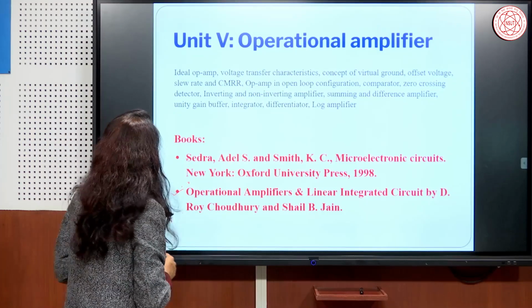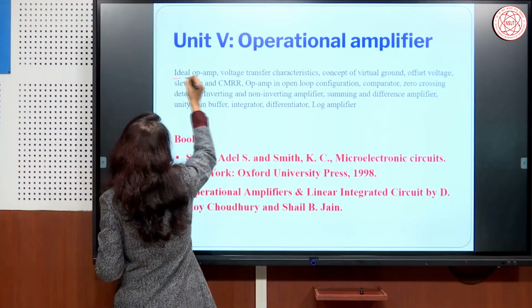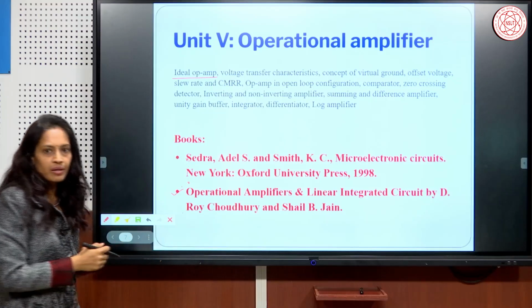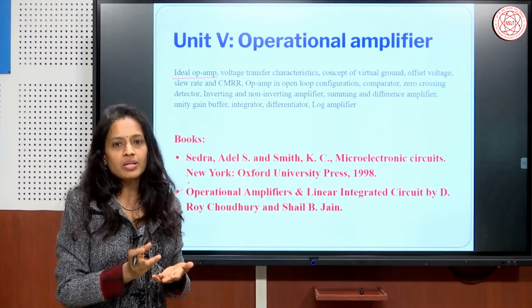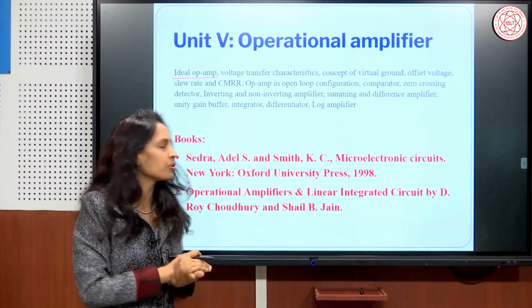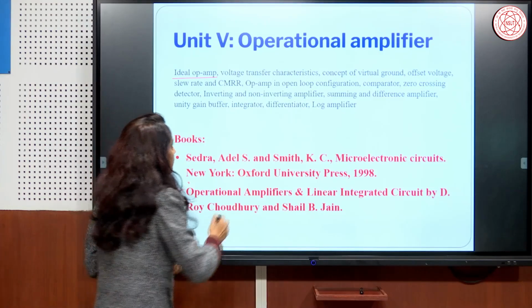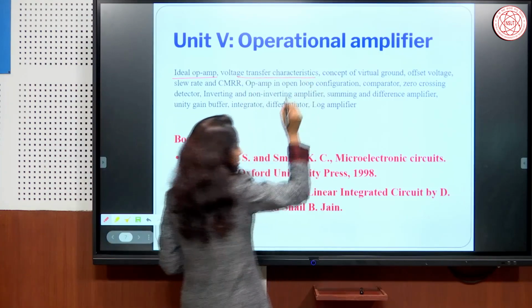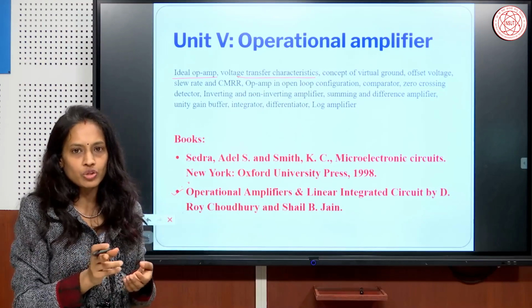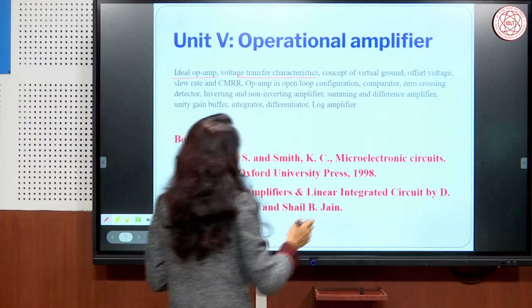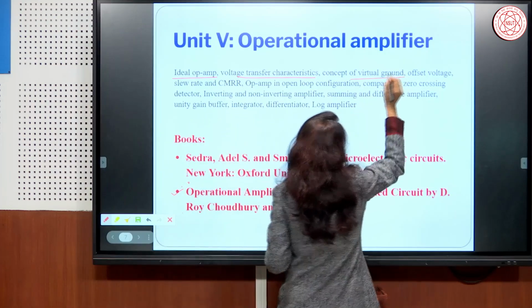In operational amplifier, basically you should be clear about the ideal operational amplifier, what is ideal and how your practical operational amplifier differs from the ideal operational amplifier. Then what is the voltage transfer characteristic, how it operates when it is in linear mode as well as in saturation mode. You should be clear about that. Then what is the concept of virtual ground?